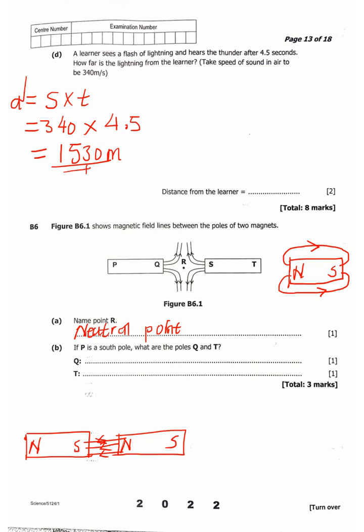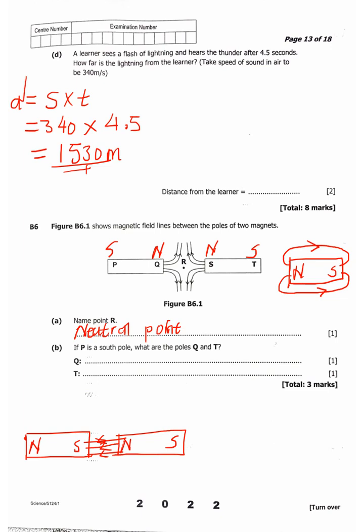Now let's move on to question B. If P is the south pole, therefore this is the north pole and this is the south pole. That's the picture. We can just look at the direction of the magnetic field lines.